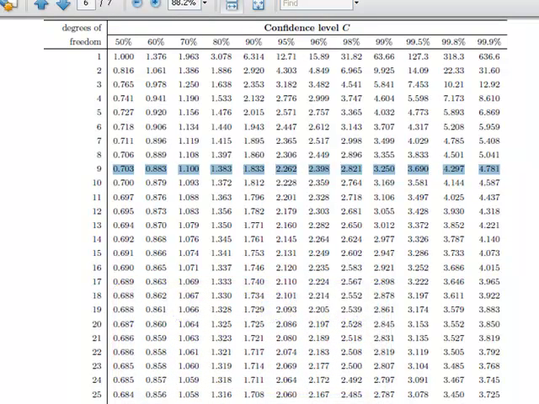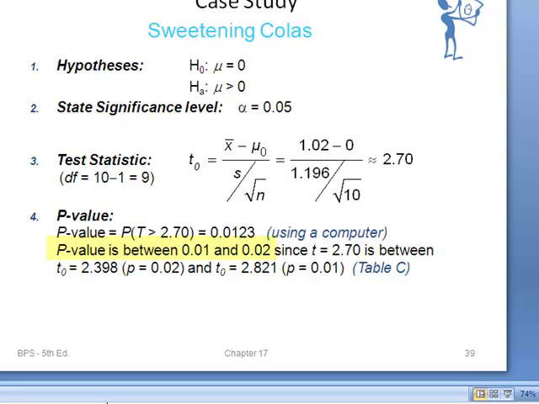So what we're going to say is our p-value has to be between 0.01 and 0.02 when we capture that. And that's what they're talking about on the second line up. Since 2.7 is between 2.398, which has a p-value of 0.02, and 2.821, which would have a p-value of 0.01, we could only capture it.